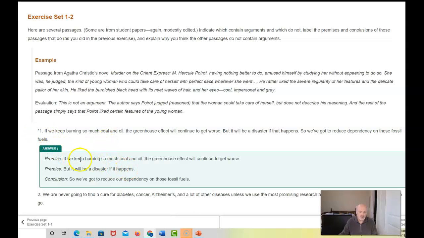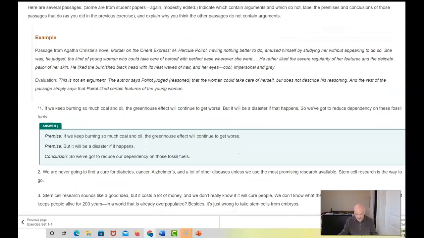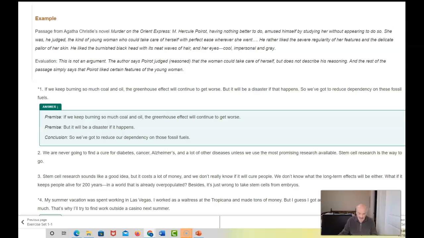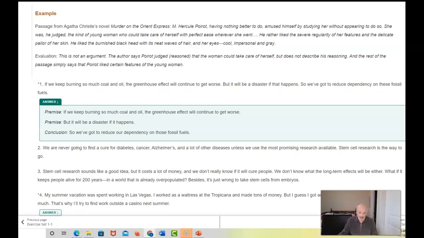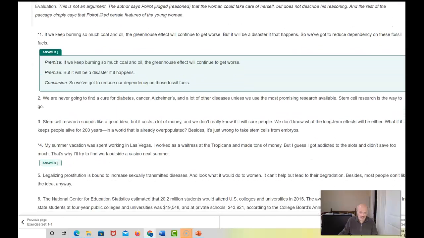So we see our authors are telling us this is an argument because it can be broken down into 2 premises which are attempting to support this conclusion. And again, the bottom line is that what makes it an argument is the recognition that this evidence is being used to support a persuasive argument.